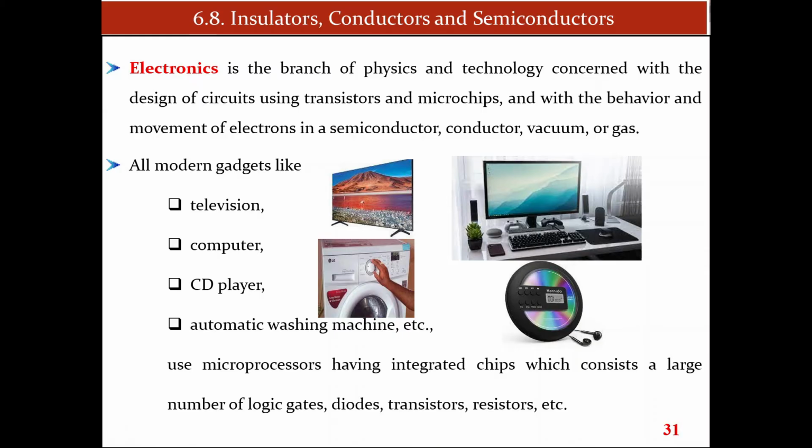So integrated chips consist of a large number of logic gates. In each one of them you'll get a microprocessor. This microprocessor includes a large number of logic gates, and these logic gates contain transistors, diodes, resistors, and capacitors, which are built in, so it's impossible to see them with our naked eye.